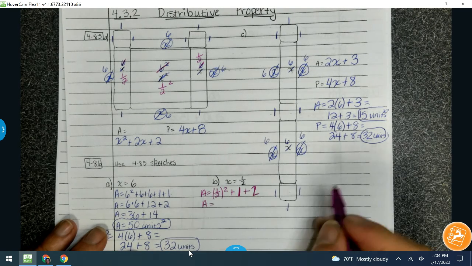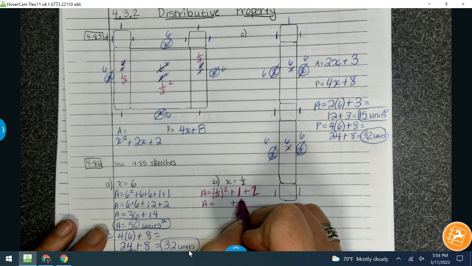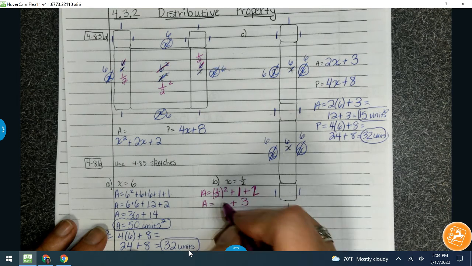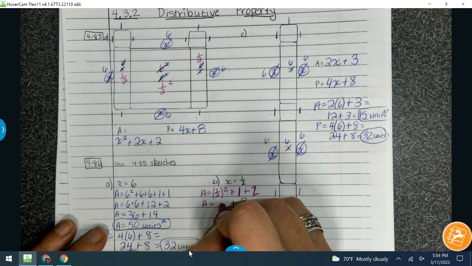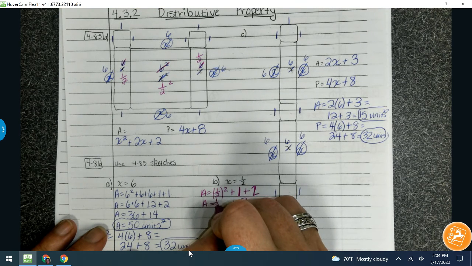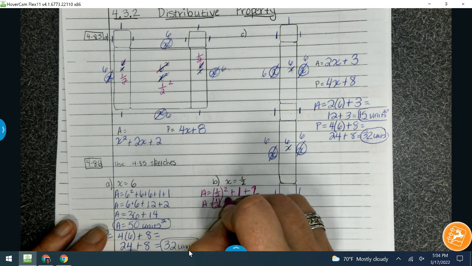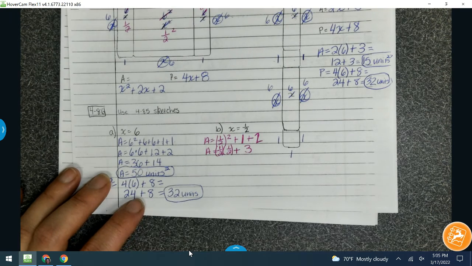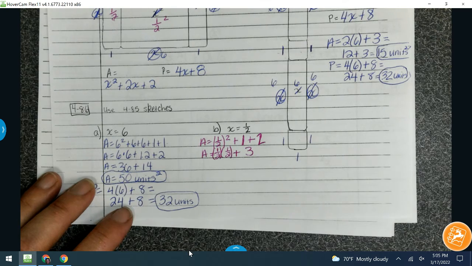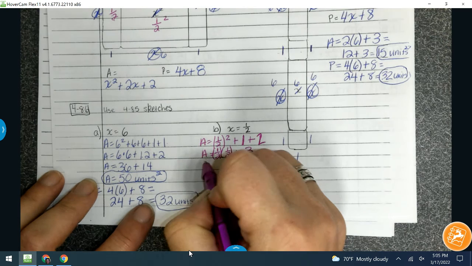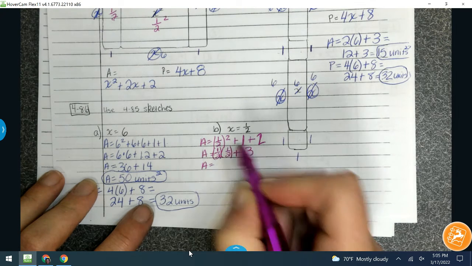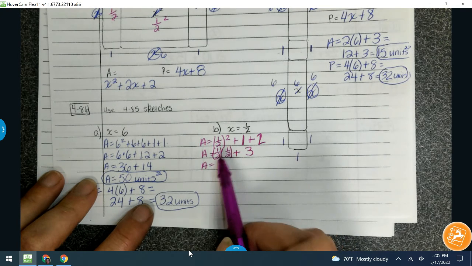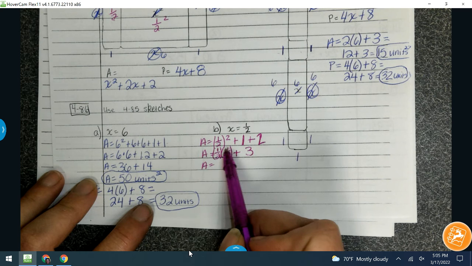Area is equal to, I'm going to go ahead and add those two together. That is 3. And I'm going to change this 1/2 squared to 1/2 times 1/2. So area is equal to, again, when I multiply fractions, I just multiply my numerators across and my denominators across like that.